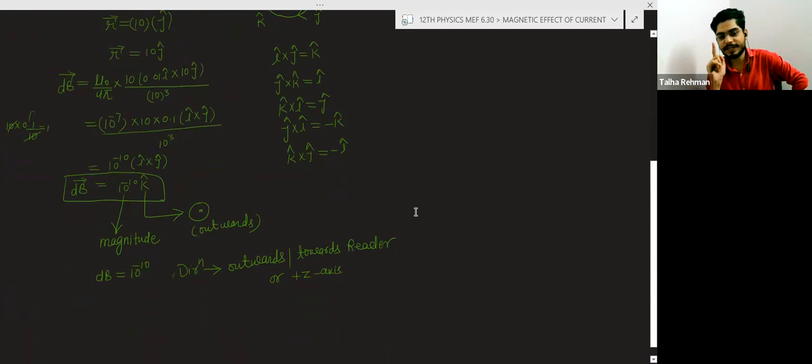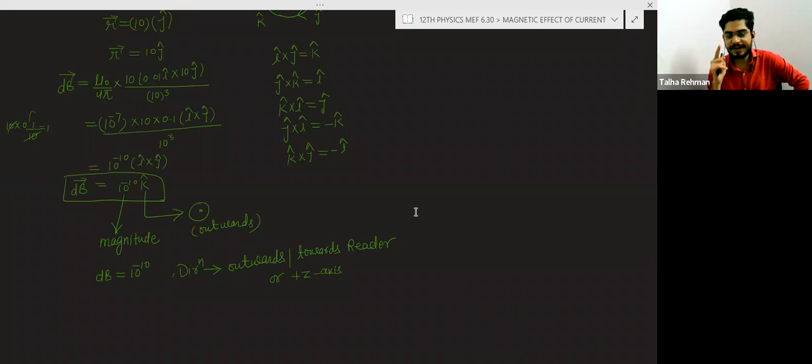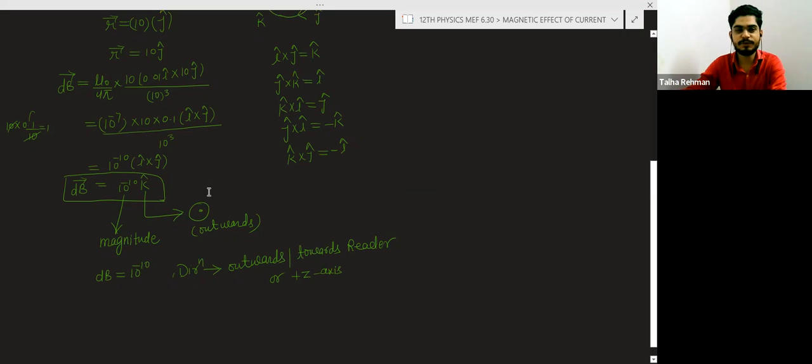So for calculating the magnetic field, you should know the magnitude and direction. When we move forward, we will use the right hand thumb rule in 95% of cases, or there will be 5% questions like this.